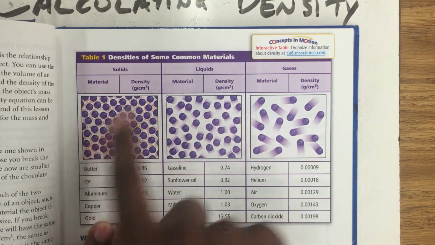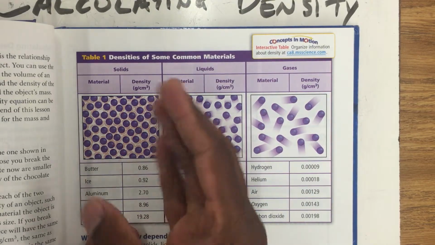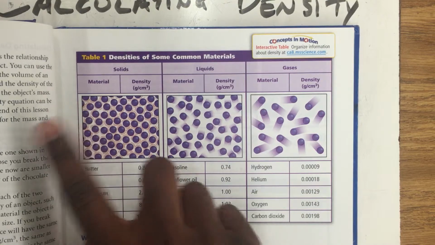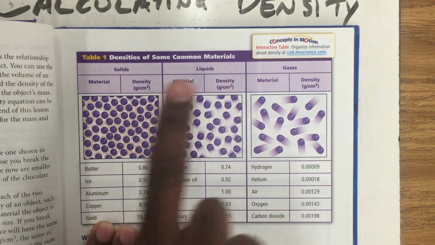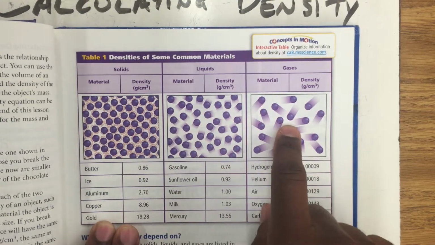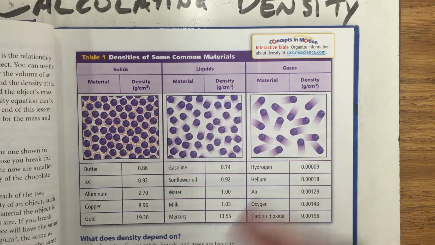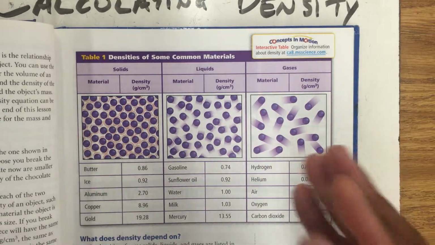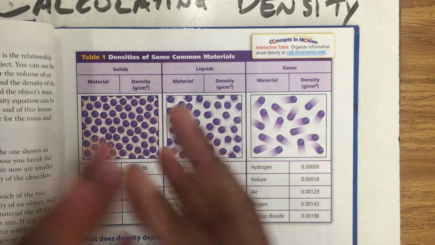So you can see that all these boxes here are the same size, but you can see in this box there's more stuff in that space, so we have more mass per volume. And so this material here is more dense than this material, and this material right here is the least dense. So everything in the universe is made of matter except for energy. And because it's made of matter, those particles that make up every substance are a certain distance apart.